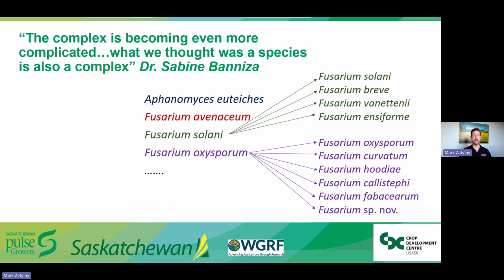Each of those different pathogens can also be broken down into subspecies within those main species. This adds to the complication that growers deal with when managing Aphanomyces and Fusarium in the field. As well, different crops and different varieties all have variable susceptibility to these pathogens, so they don't all impact the crops the same.